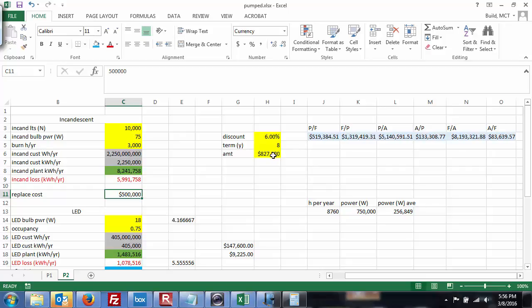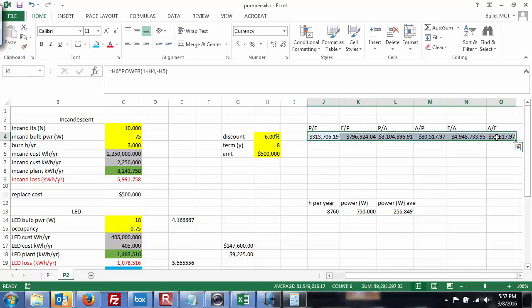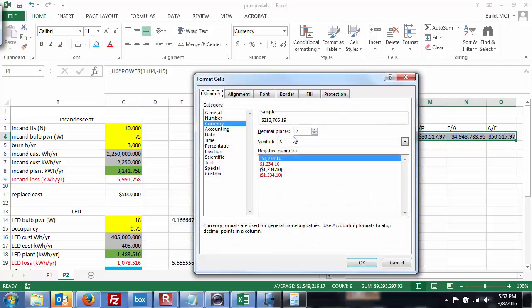Let's just put that in here. Equals 500 grand. Okay. Let's just say that's the present cost. And I don't like all those decimals on. Let's get rid of those. Control 1. Currency, dink, dink.